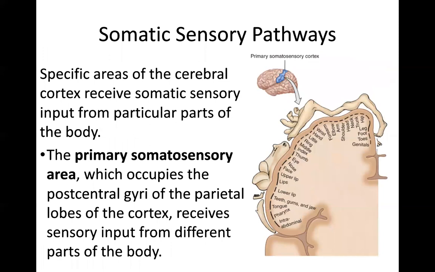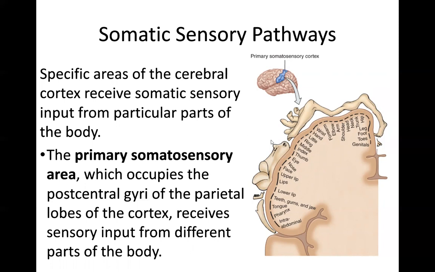Here is an illustration of that primary somatosensory area or cortex mapped out, describing what's called the homunculus. Anybody ever heard that word before? This illustration is showing you what we'll call the sensory homunculus.